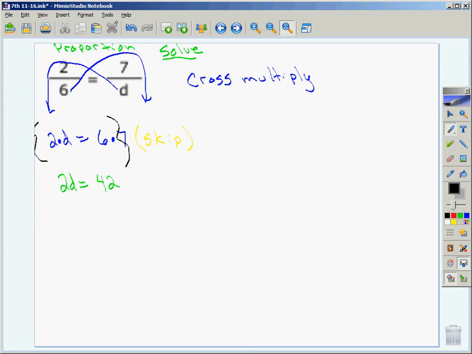I usually go straight from here to here. What would I do to solve this equation now? D is being multiplied by 2, so I'm going to divide by 2. What does d equal? 21.